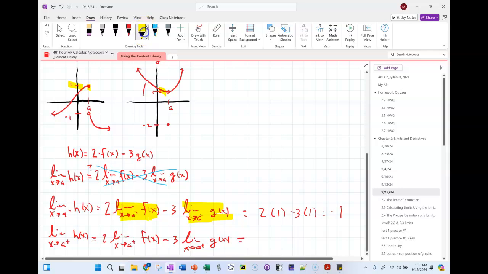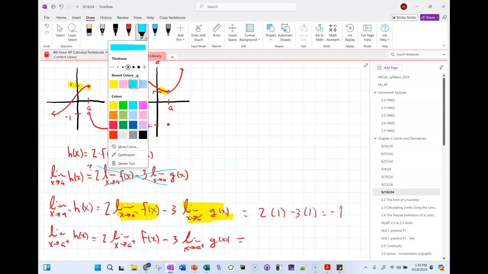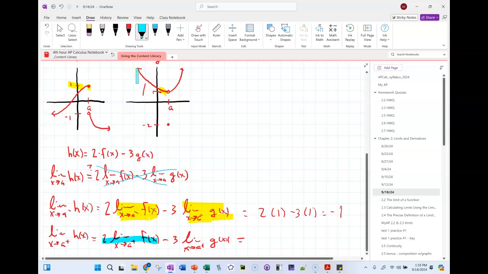If I do this piece, what's that going to be? Limit as x approaches a from the right of f of x. That's -1. How about for g of x? That's +1.